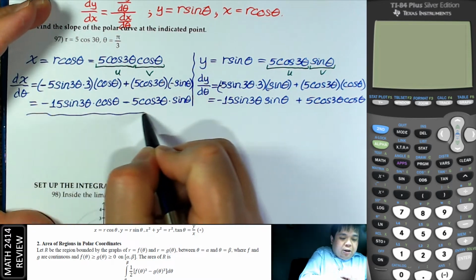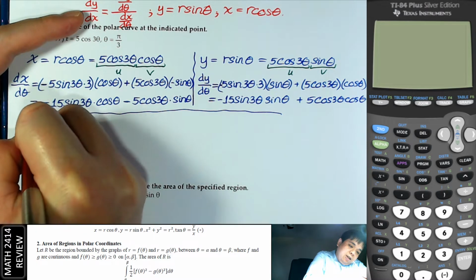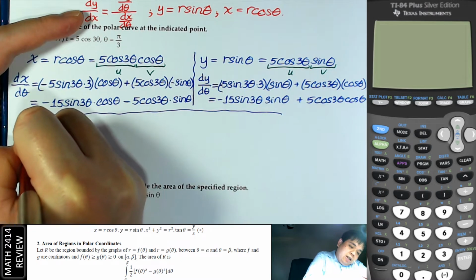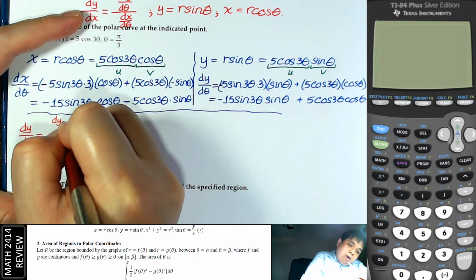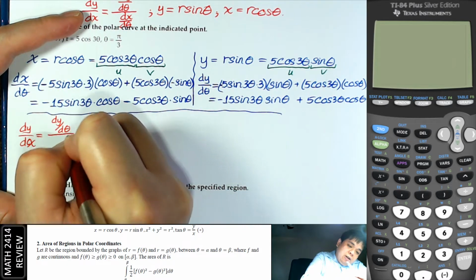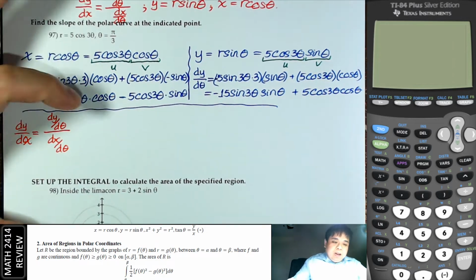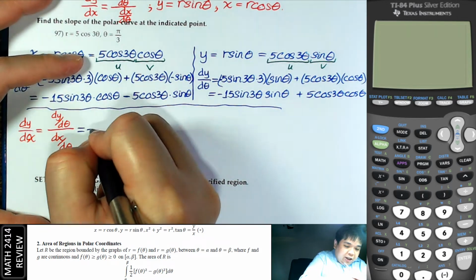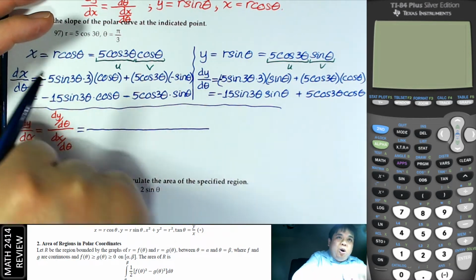Right, and now we're back to the derivative. dy over dx is equal to dy over d theta over dx over d theta. Right, now just substitute everything here. Just be mindful that it's dy over d theta over dx over d theta.